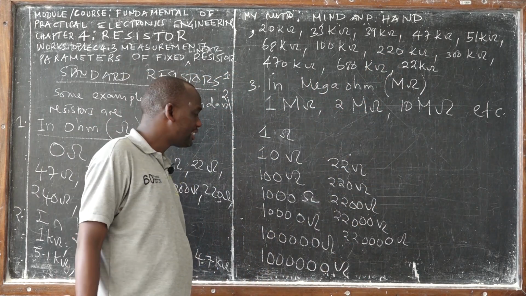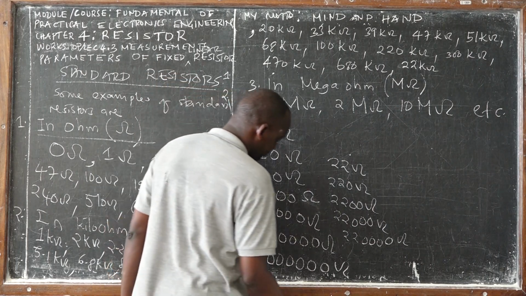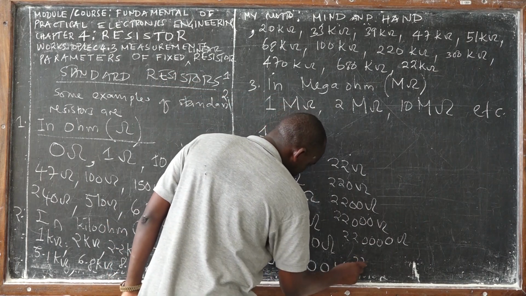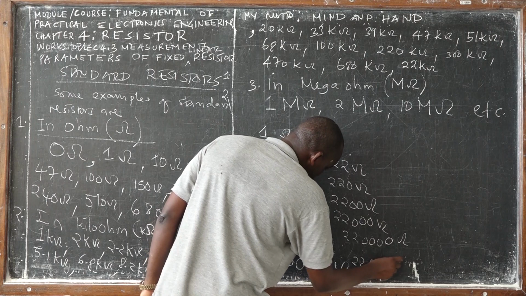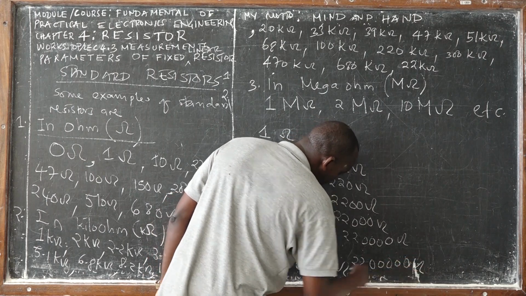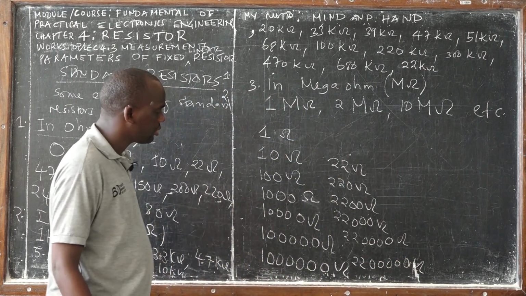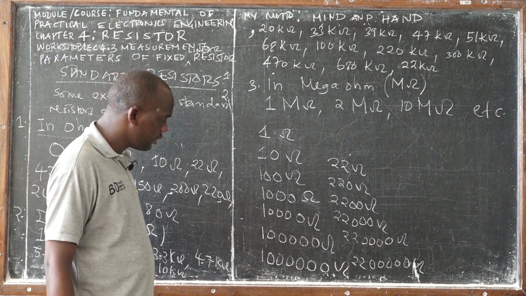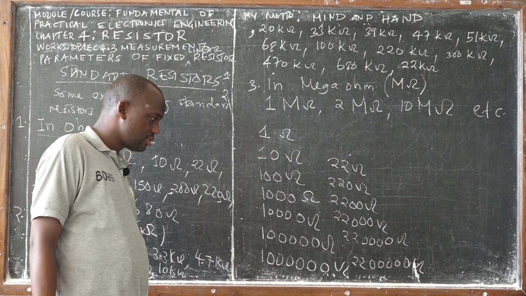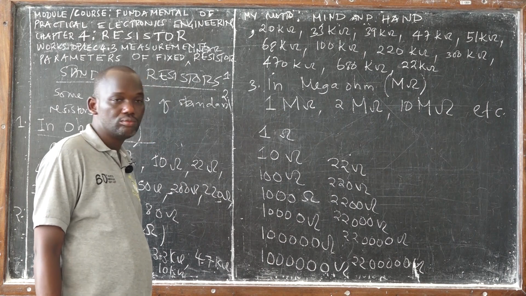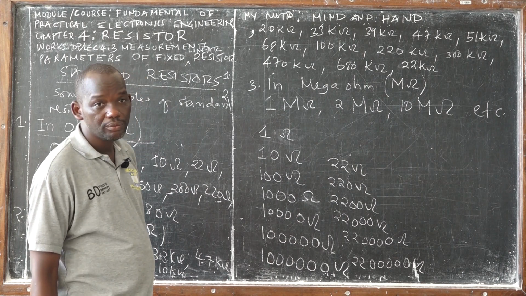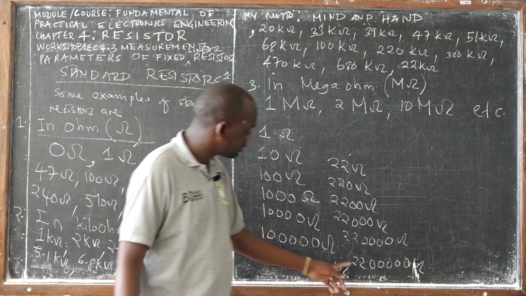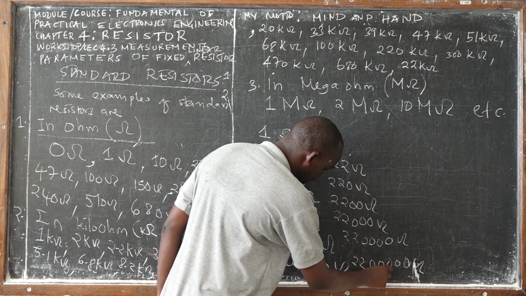And then you go and next is what? 2,200,000 ohm. Right? This one. This is 2 million.